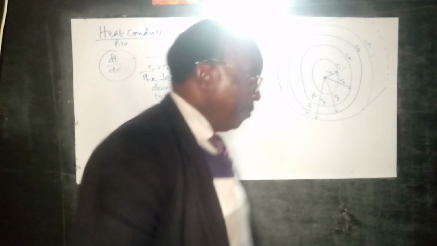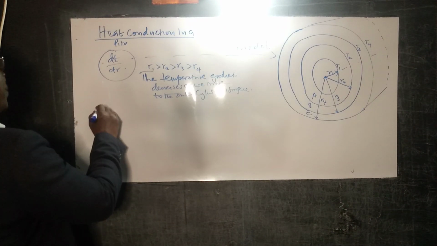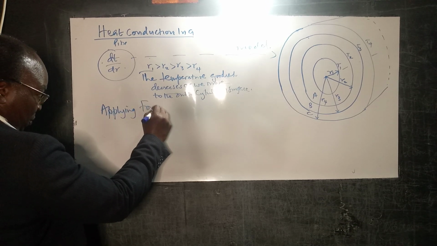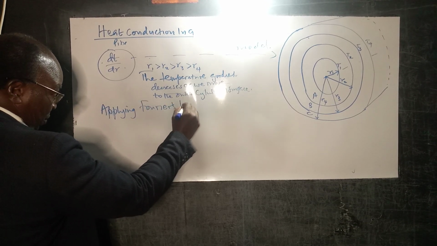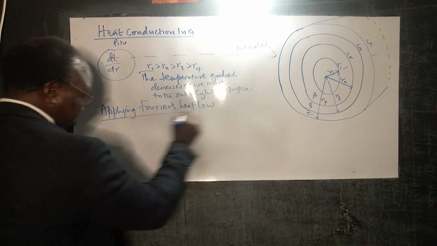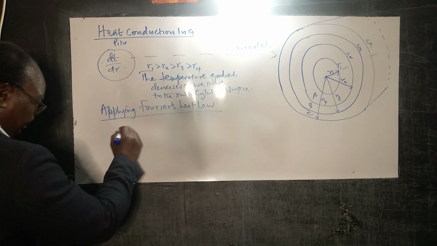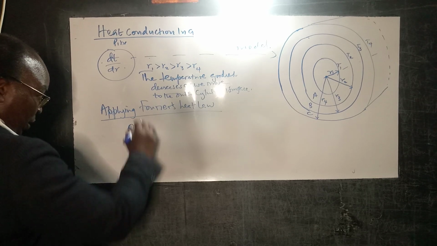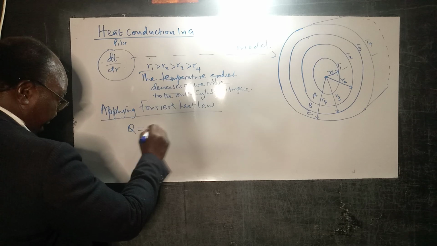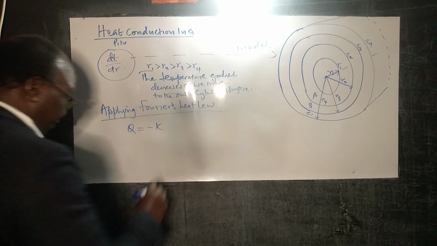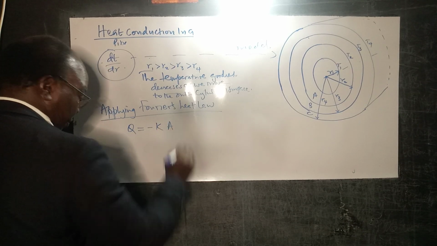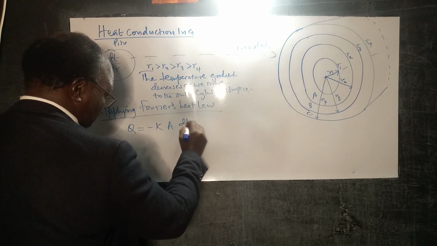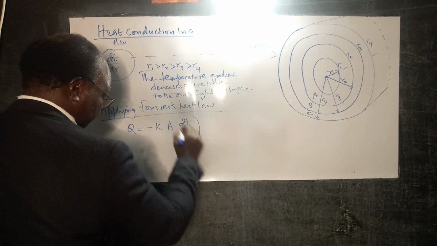So if you now apply Fourier's heat law, we remind ourselves, what was it? The rate of heat transfer, Q, is given by minus thermal conductivity, the area of flow, and the temperature gradient.